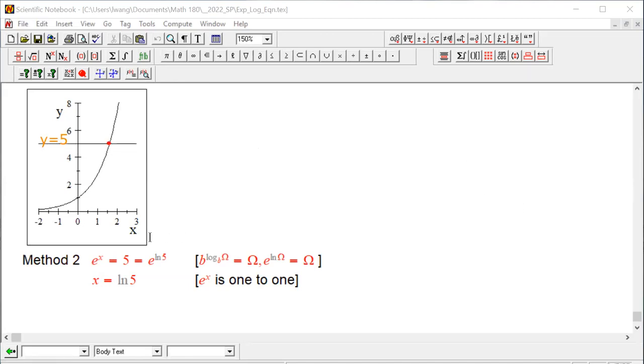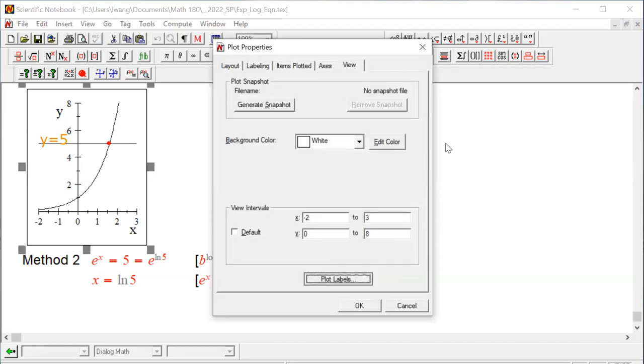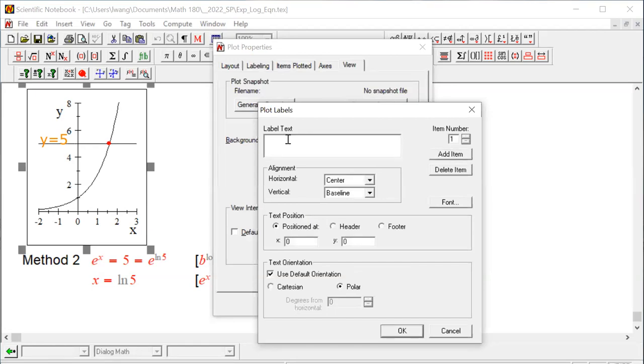Horizontal cut. And now shall we mark the point? Sure, why not? So let's mark the point as (ln 5, 5).